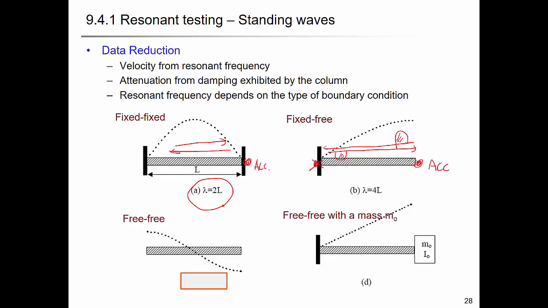Then at the free end it will go again as an inverted signal, and here you get inverted again, so you need 4 times the length of the specimen to get one cycle, one period. In the free-free condition, it's the same, 2 times L. And when you have a free condition with a mass, so this should be free-fixed, you have a different curve for the longest wavelengths.